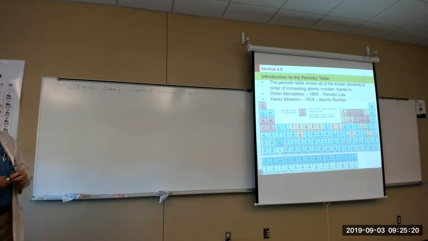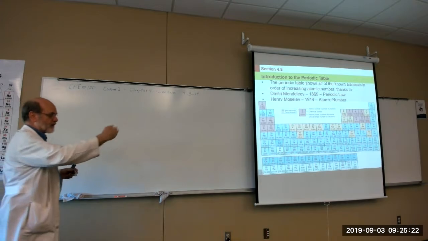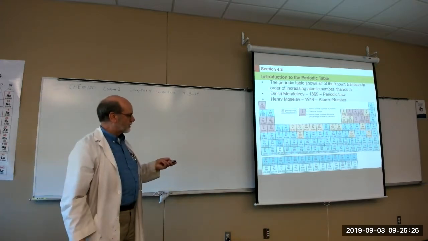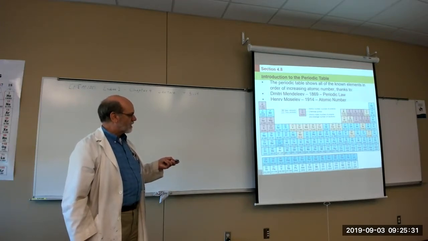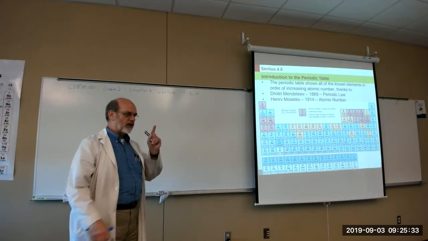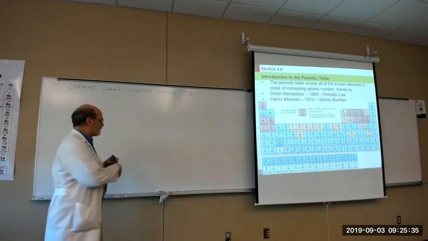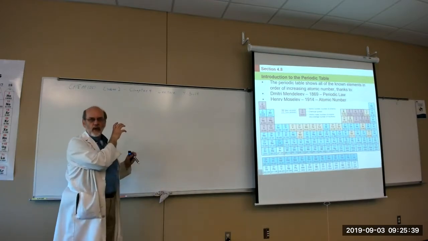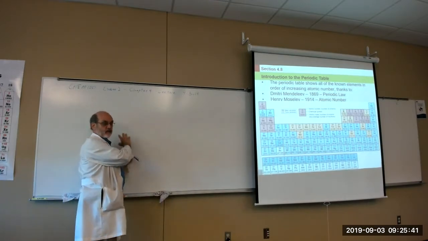And he noticed that as you progress through the elements, as you go from this mass to that mass to that mass, he could take one whole number and plug it into his formula, and it would tell him the wavelength of the X-ray that it would produce.